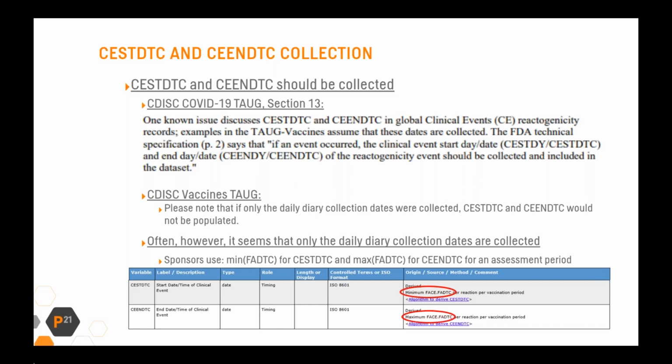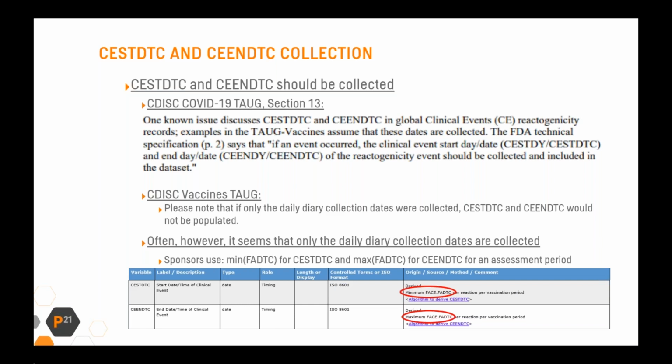However, this is not really how the industry is handling it, and I'm not sure this is how the industry should handle it. The way that the industry handles it now is to take the minimum FADTC for that reaction as your clinical event start date, and then the maximum FADTC for that reaction for that assessment period as the end date.